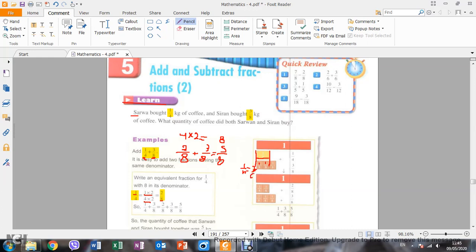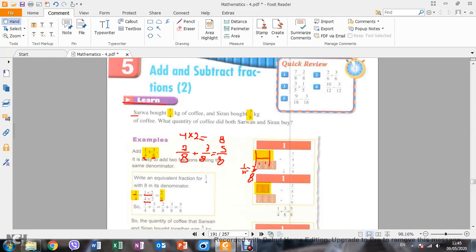At that time directly you can use 2/8 instead of 1/4. We plot them equal to, look, instead of 1/4 we use 2/8, because in the model it shows they are equal.